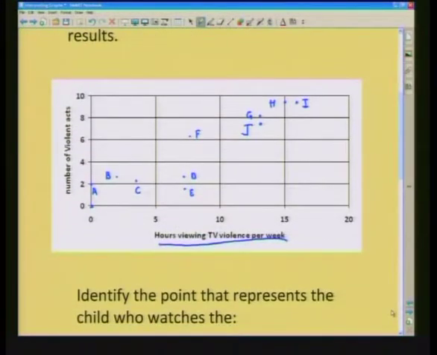Obviously we would write this down in words, but what you can see is that as the number of hours of violent TV viewing increases, so as we increase on the x-axis, the same thing happens on the y-axis. We also increase on the y-axis. So what we ultimately find at the end of this question is that as the kids watched more and more violent TV, they became more and more violent towards their playmates.